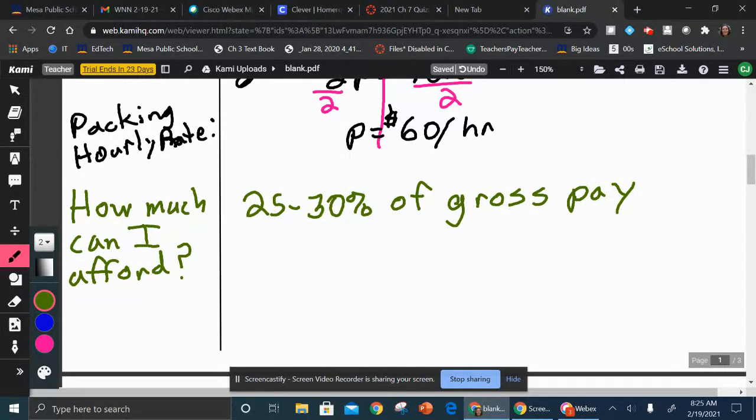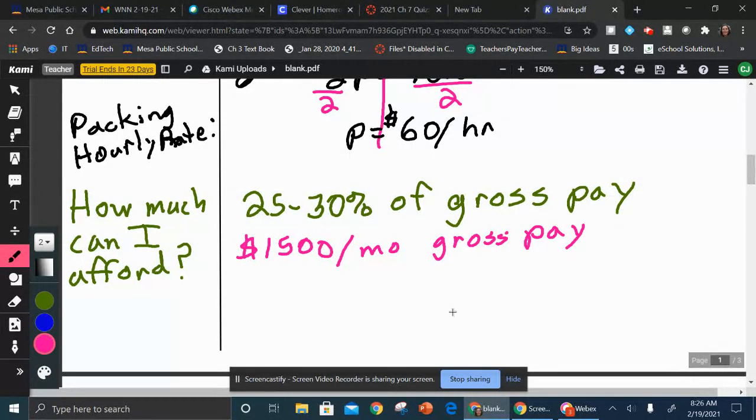So let's say you want to figure it out. Let's say, everybody, that you're making $1,500 a month, and that's your gross pay. So we're going to do 25% times the gross pay.